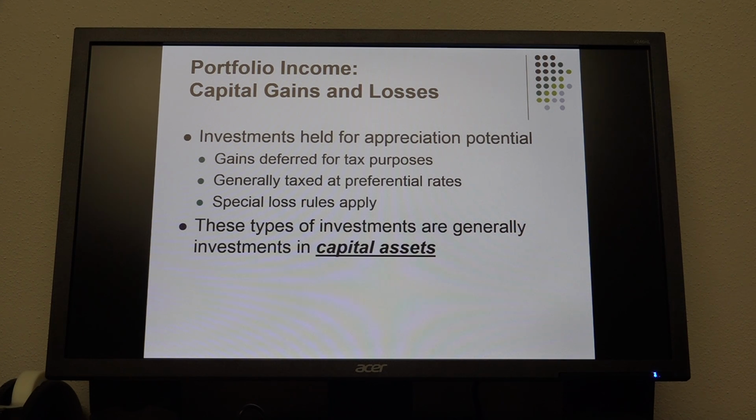If you dispose of it at a loss, you get no deduction there. If you sell a personal use capital asset at a gain, though, you're going to have that gain taxed at favorable rates.